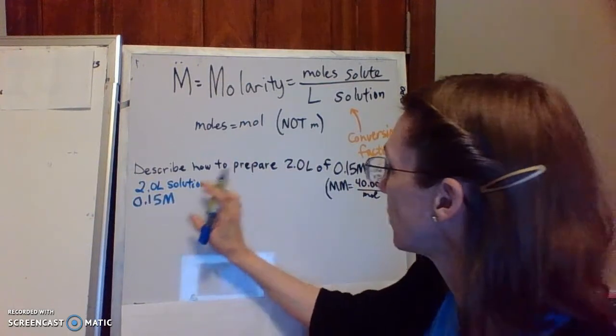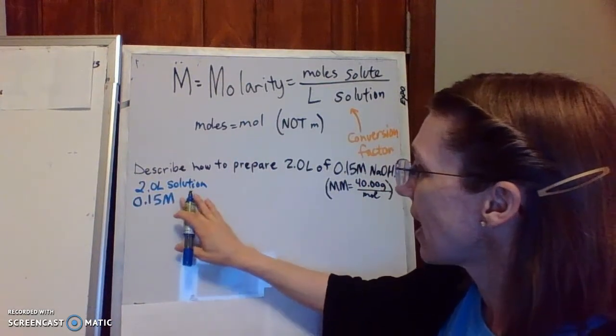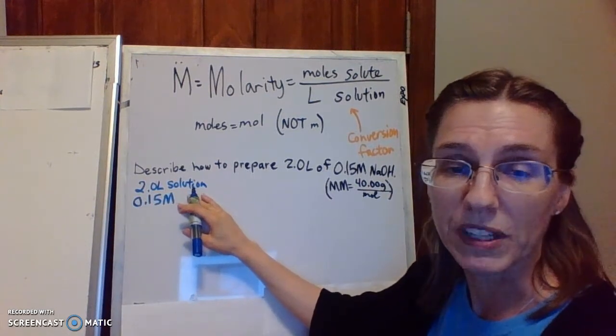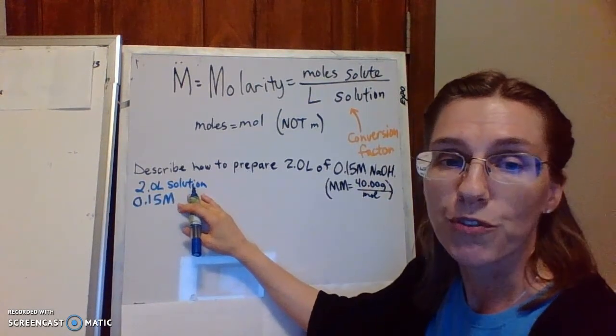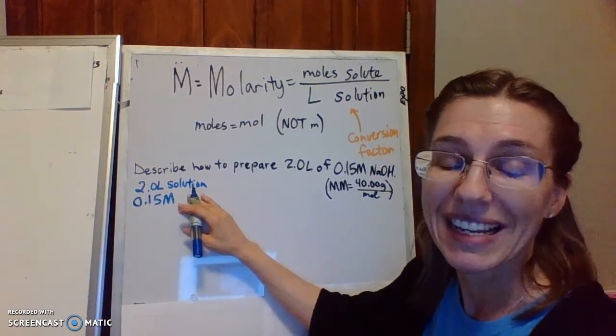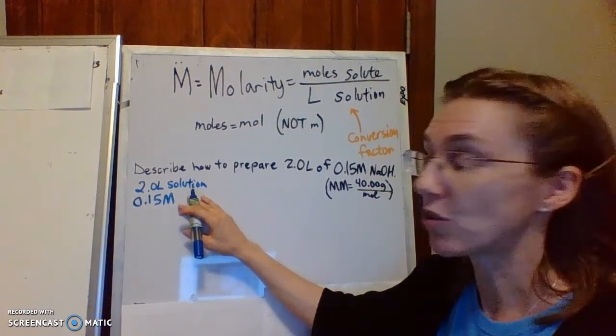So now we've pulled out all the information, and now we need to think about how we're going to work this problem. So the first thing with every concentration problem is get those units into something you can cross out.